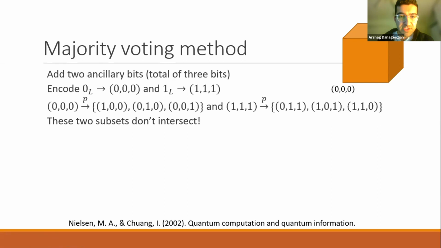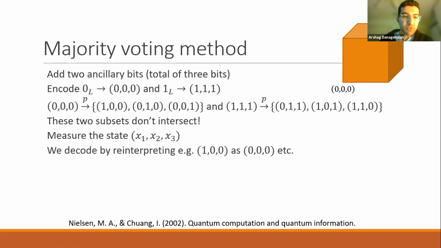So since they do not intersect, we can first measure the state of the 3-bit system, right? After we do the measurement, we can reinterpret an errored result, such as, let's say, 100, as being really the 000 state.